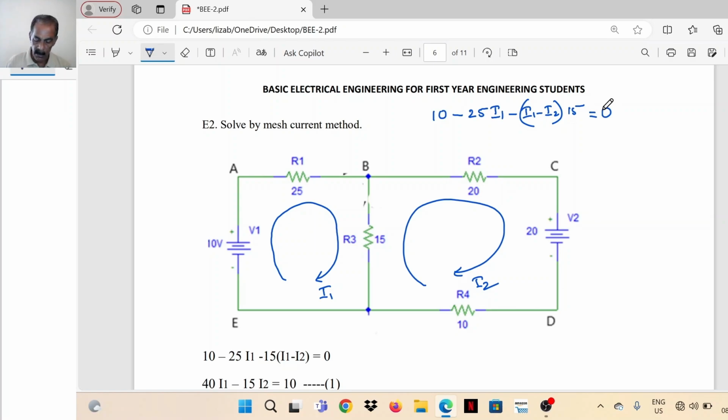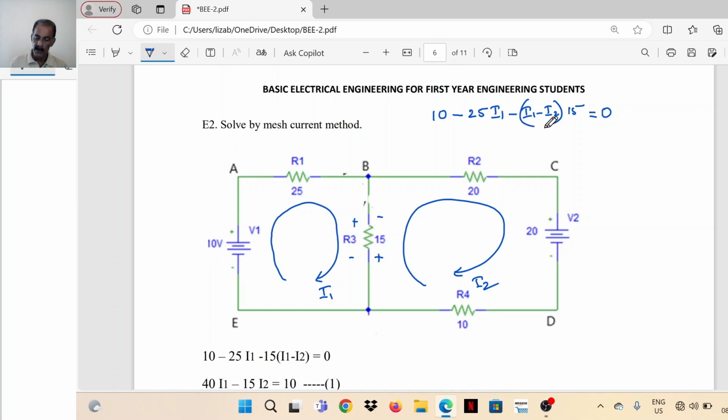The IR drop produced by I1 has this polarity. It is a fall in potential. For the IR drop produced by I2, I2 is flowing from E to B, so the IR drop will have the opposite sign.